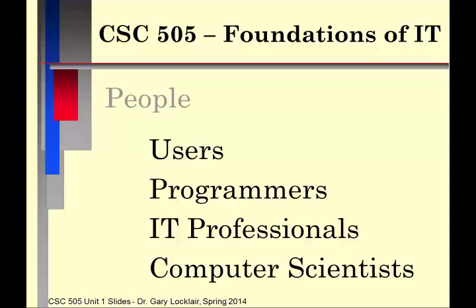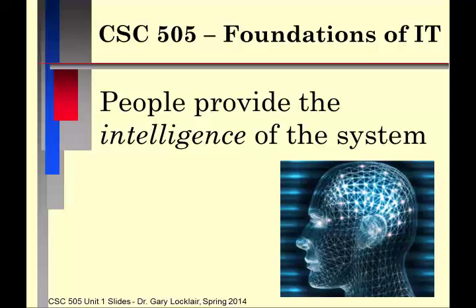And notice these aren't all mutually exclusive. A person who's a programmer might also be an IT professional. Or an IT professional could be a user. These are just roles that people play at different times. People provide something to the system that today, in 2014, hardware and software by itself can't provide. And that's intelligence.